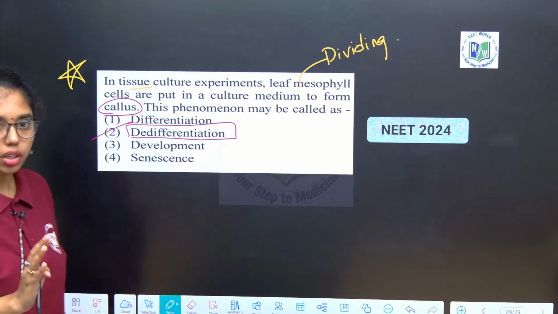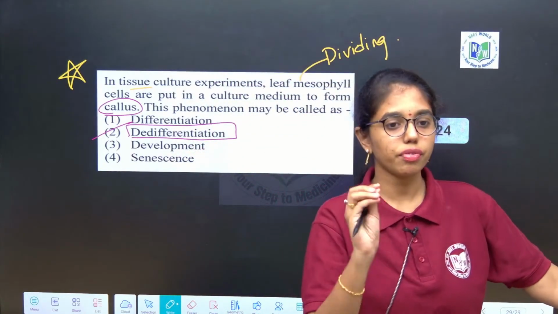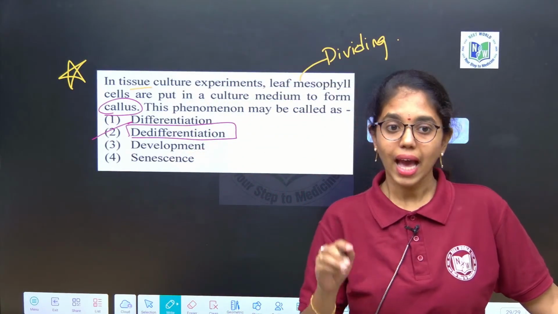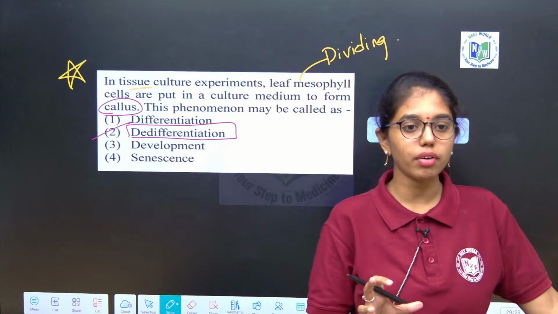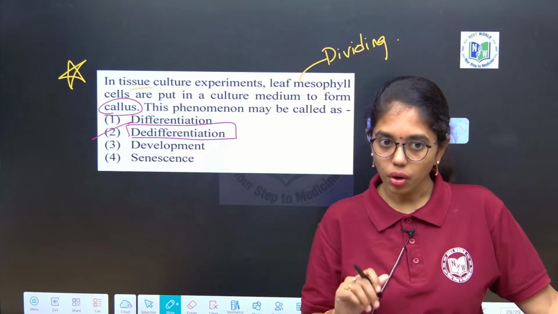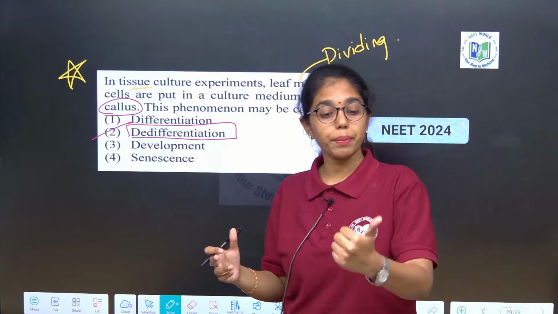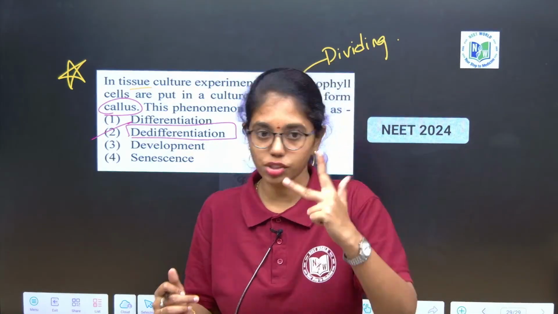Clear? Understood? Whatever we have dealt today with respect to anatomy is just 50 to 60%, and this is a strong foundation if you want to learn anatomy in a more detailed way. If you go through this, you will understand the next level: tissue systems, what is epidermal tissue system, ground tissue system, vascular tissue system.